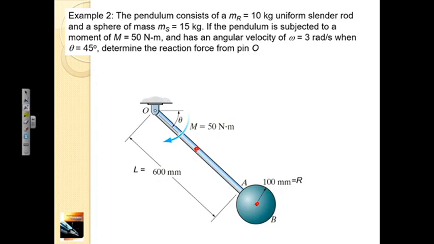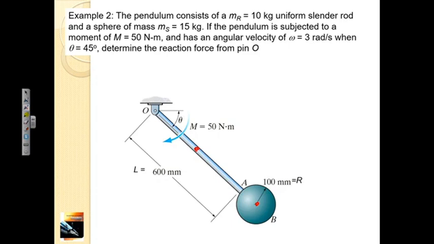Right? So when we do our sum of forces, let's look at Y here. We can say minus MAG minus MBG plus OY is equal to mass total times the acceleration of the CG in the y direction.